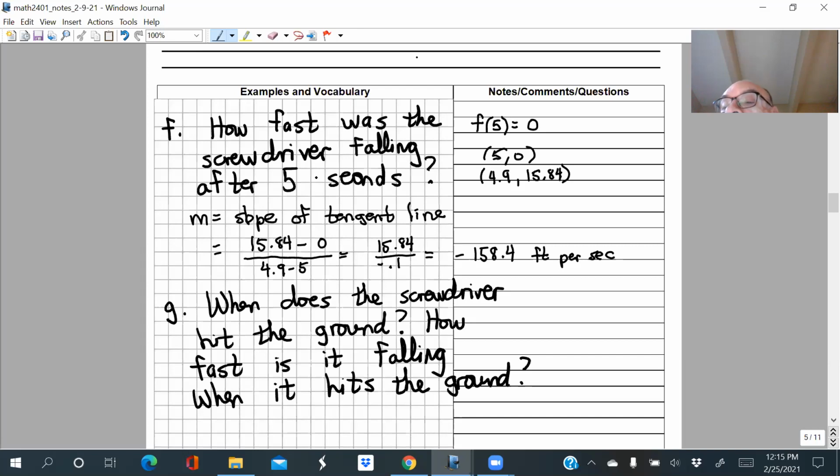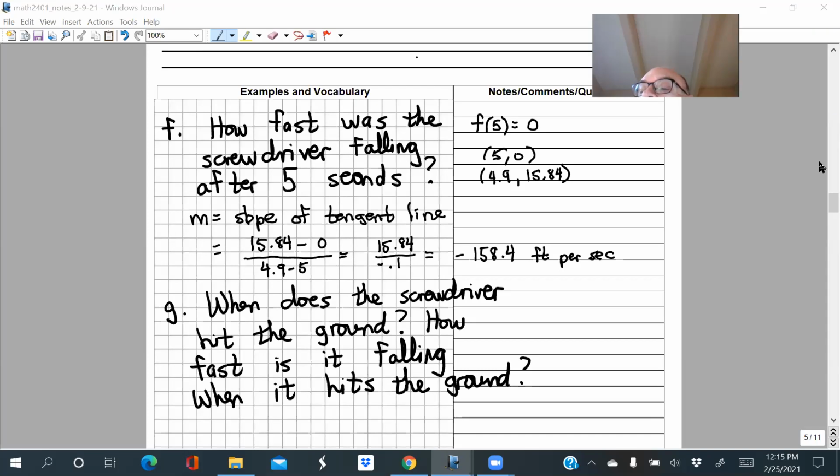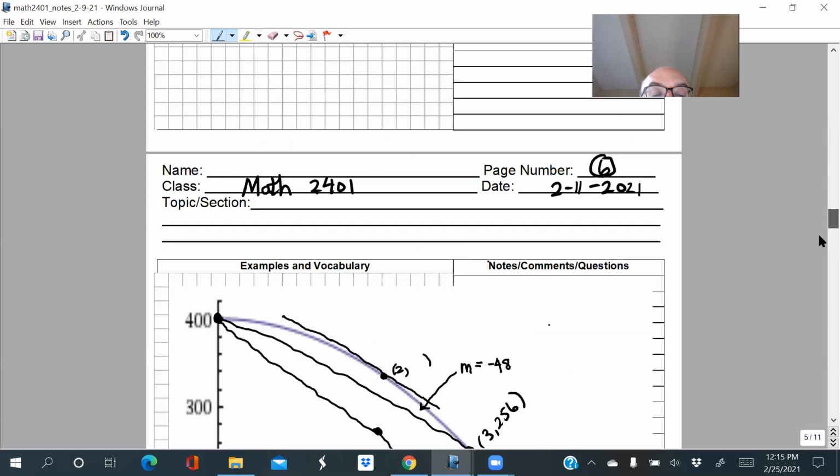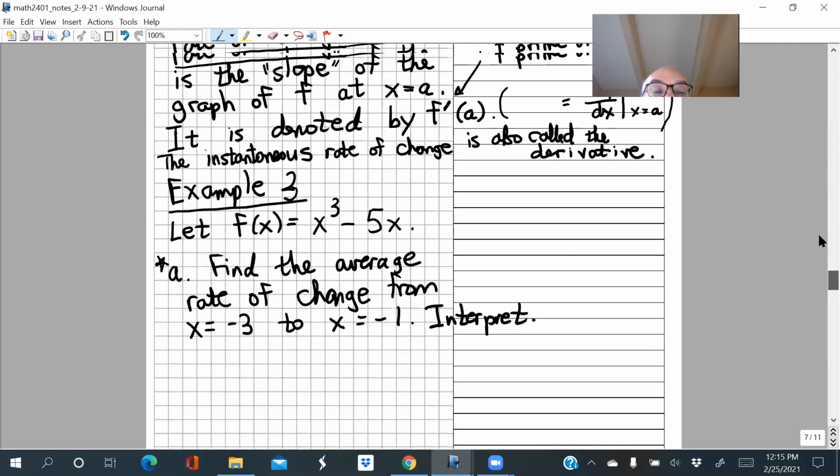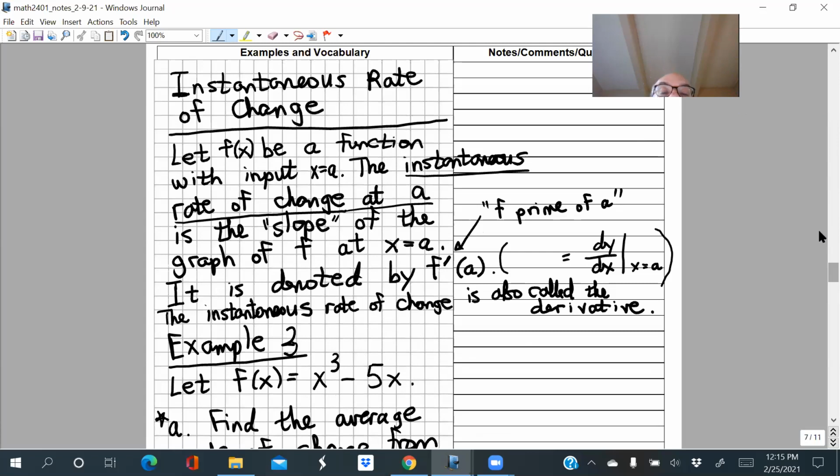Well, let's try another example here really quick. With Desmos, this is pretty easy to do. Oh, by the way, here is what I just said in the notes.